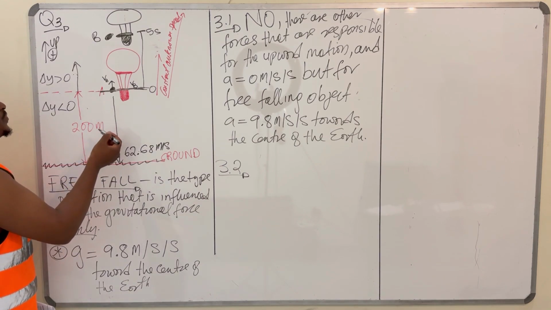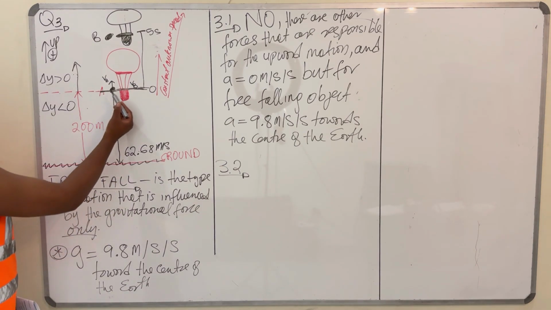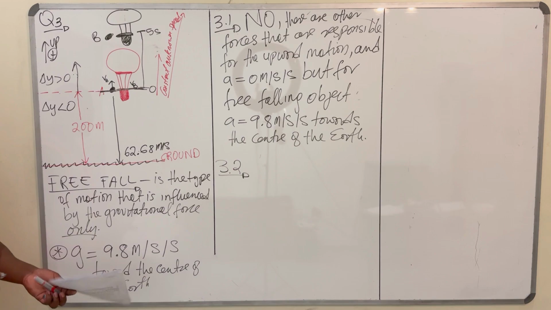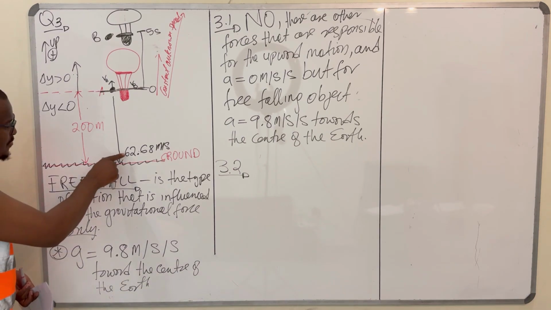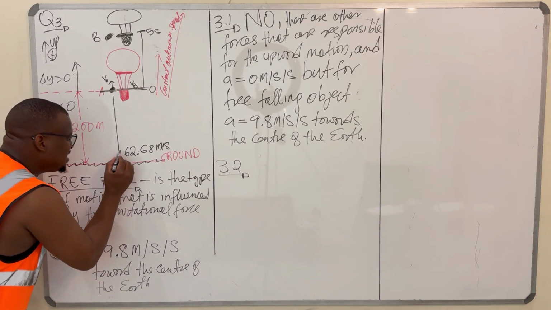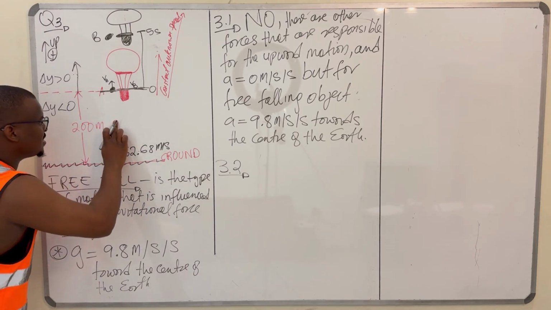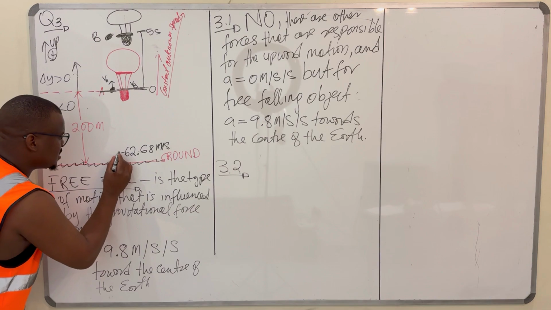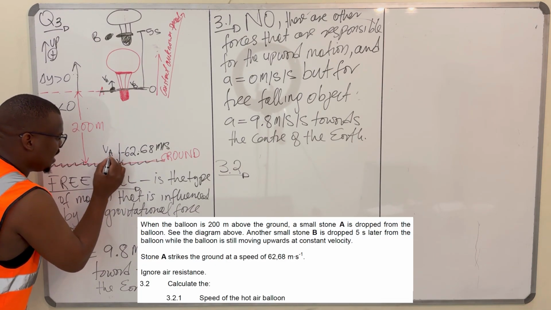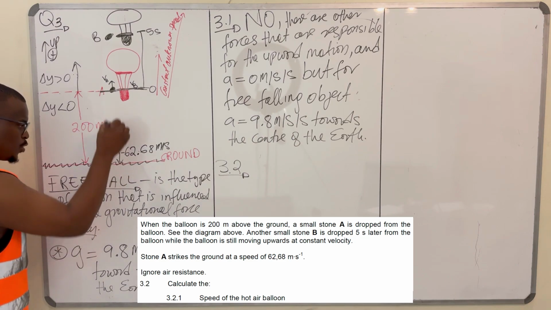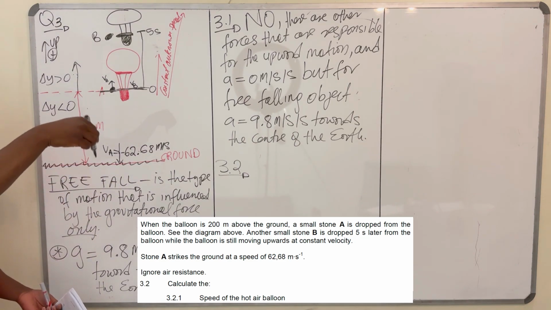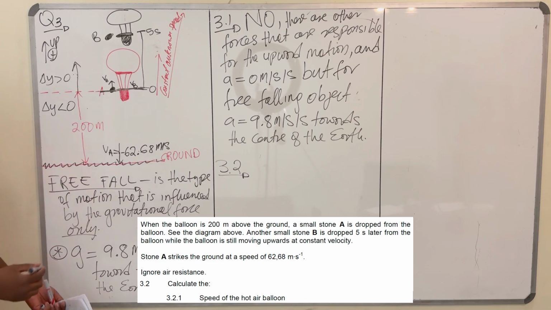And then eventually it will come down. So its initial velocity, I expect it to be positive, and this final velocity, I expect it to be negative because it is downwards, because you can see it, it's this line here. This is the final velocity of ball A. It should be negative because it's downwards. All vectors pointing downwards are negative.